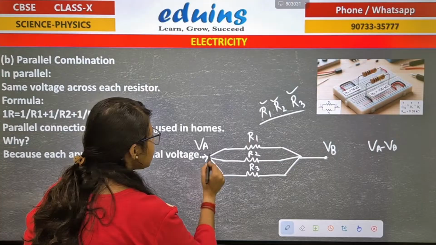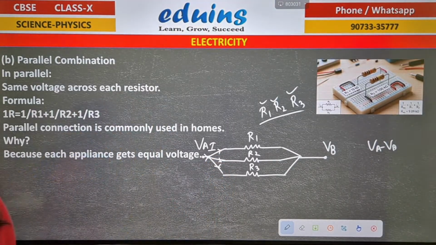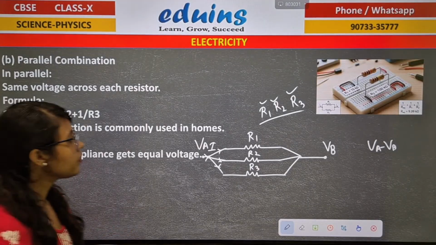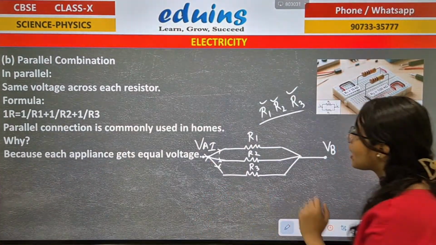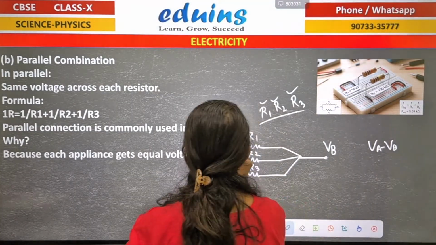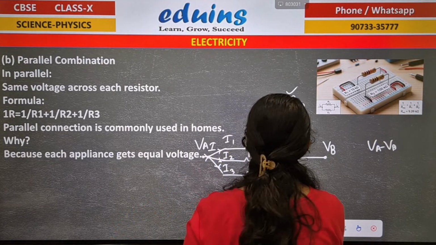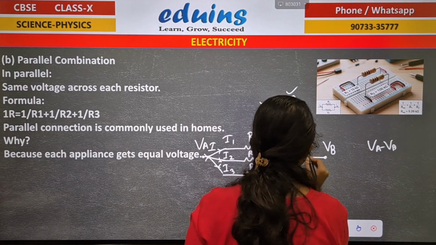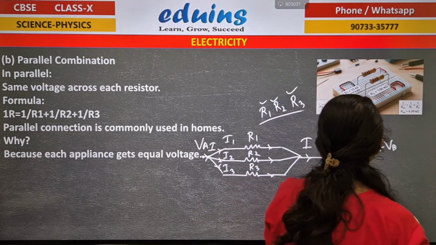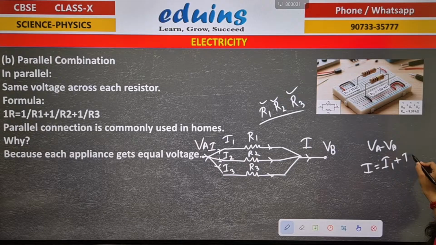So the current is divided into these 3 loops. Here there are 3 paths, so the current divides into I1, I2 and I3, passes through, and then becomes I again. So I is the combination of I1, I2 and I3.